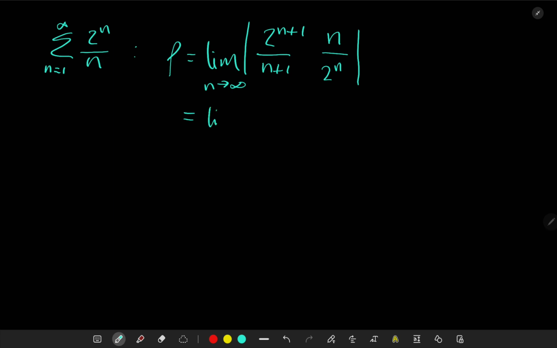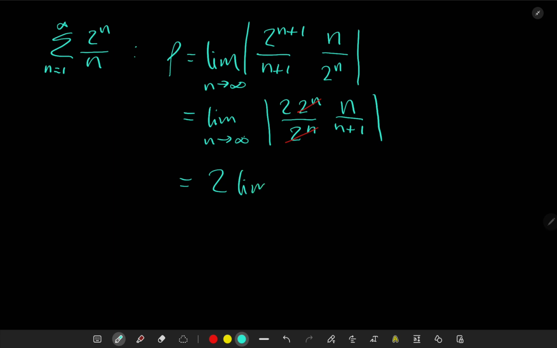So you have 2 to the n plus 1, which you can write as 2 to the 2 times 2 to the n. Then let's move the 2 to the n down here, along with n over n plus 1, just exchanging the denominators to compare like term to like term. When you multiply and divide, you cancel the 2 to the n, so a 2 comes out.